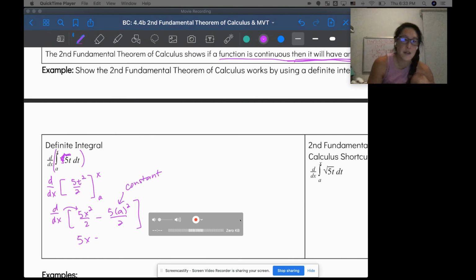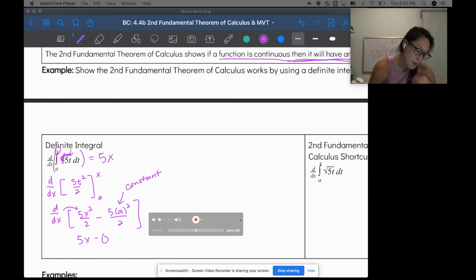What's the derivative of a constant? It's 0. So I see that the derivative of the integral from a to x of 5t dt is just 5x.